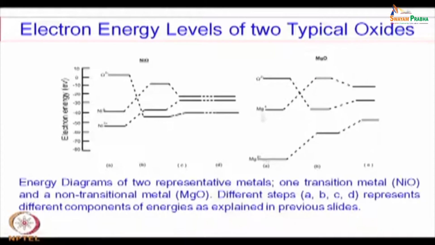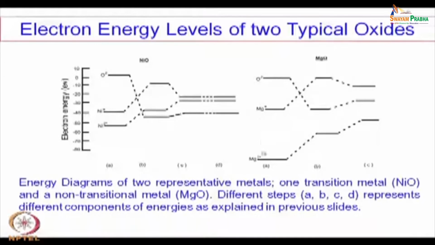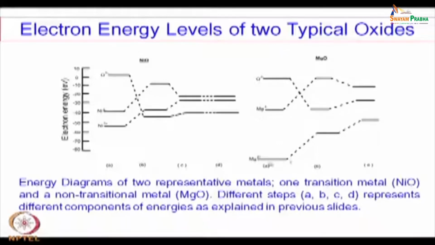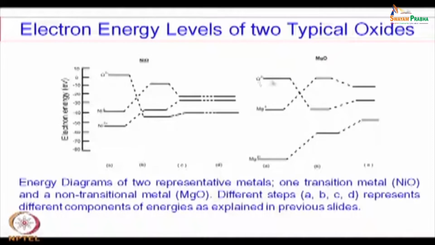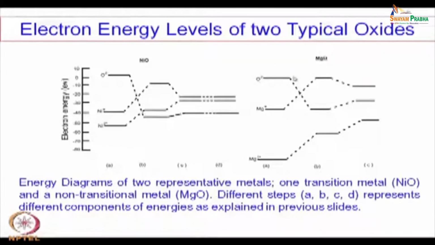Or sorry, not the isolated element, it is for the first step, that means the electron affinity and ionization potential. If you just look at the electron affinity and ionization potential of these ions, the relative energy levels are like this: Mg2+ the lowest energy, Mg+ the next highest, and O2- the highest energy.